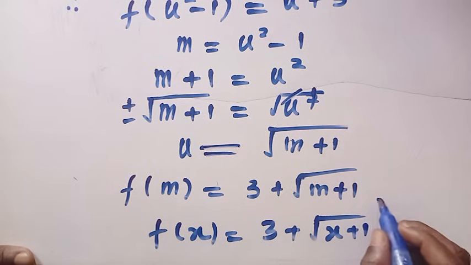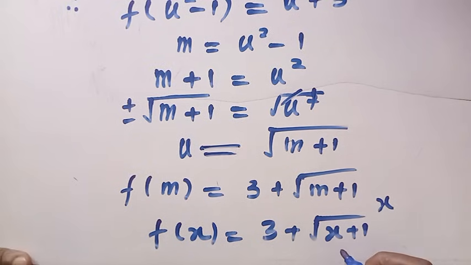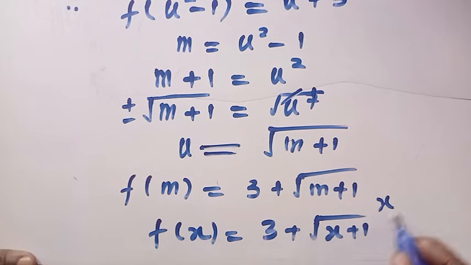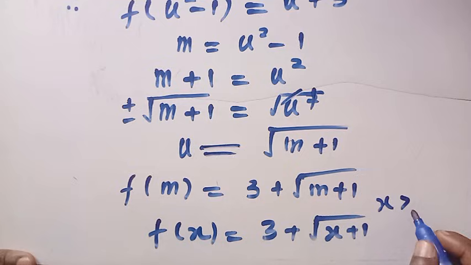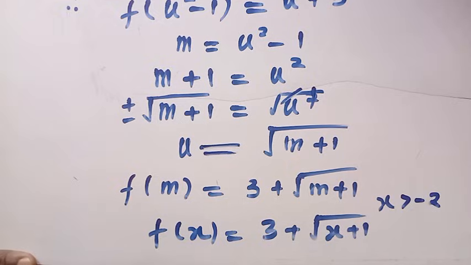Where the value of x here, we have to know the domain of this. Anything like minus 2 downwards is not allowed, so x is greater than minus 2. This is how to solve this using the first method. So let's solve this with another method.